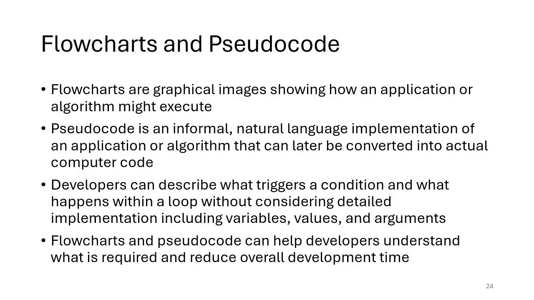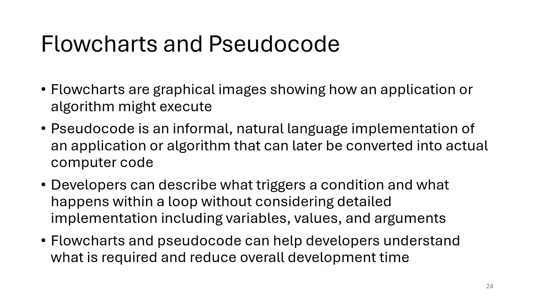Now, it's also possible for the developers to describe what triggers a condition and what happens within a loop without considering detailed implementation, including variables, values, and arguments. Again, that might be pseudocode, or it might just be thinking in their head. But those flowcharts and pseudocode are very helpful for developers to understand what is required and to reduce the overall development time. Also, they can be used as documentation later on.